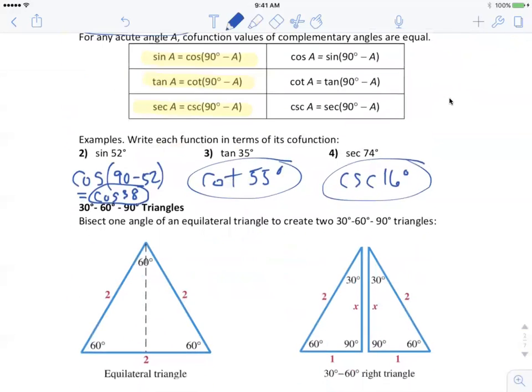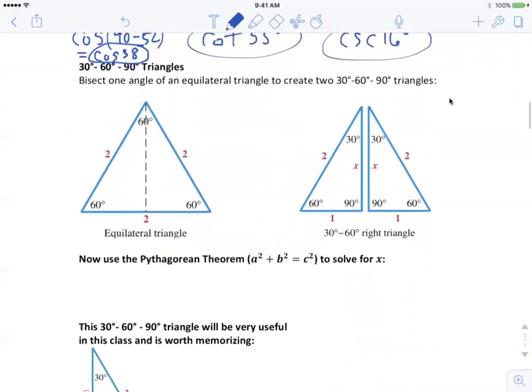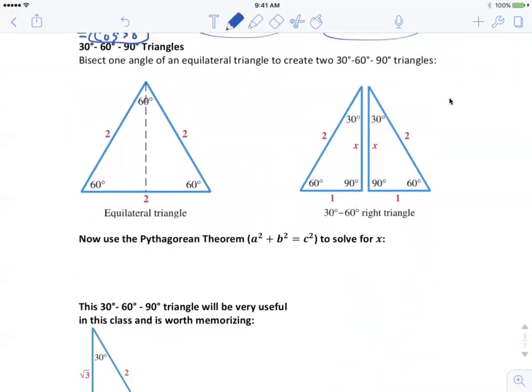Cool. Okay. The next thing, which is super cool, and we'll be using these a lot this semester, are 30, 60, 90 triangles. So where do 30, 60, 90 triangles come from, and what are some properties of them? So what we're going to do is start with an equilateral triangle here. Equilateral just means all of the angles are the same.